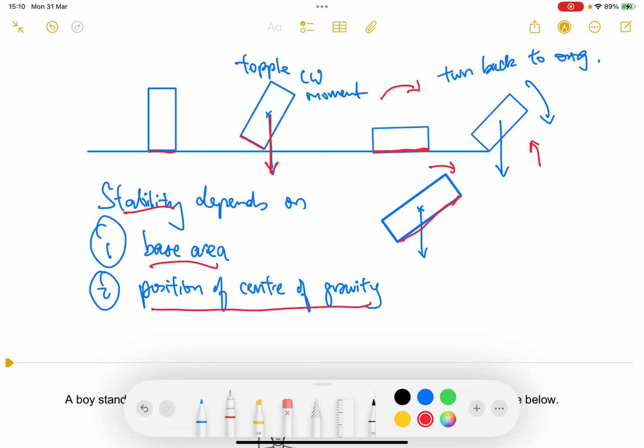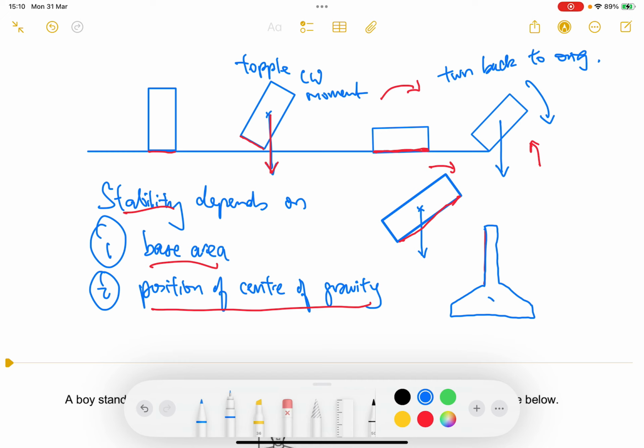So if you had, for example, an object like the Bunsen burner, or something that's shaped like that, the CG will be low, especially if the base is made of a material that's denser.